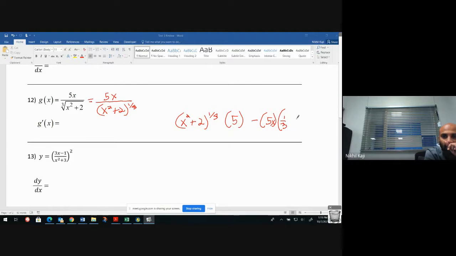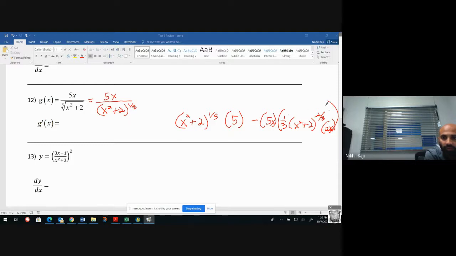So that's 1/3 x squared plus 2. That was my inside that I'm leaving the same. Minus 1 times the derivative of my inside, which is 2x. So this is my g, f prime minus f, g prime.